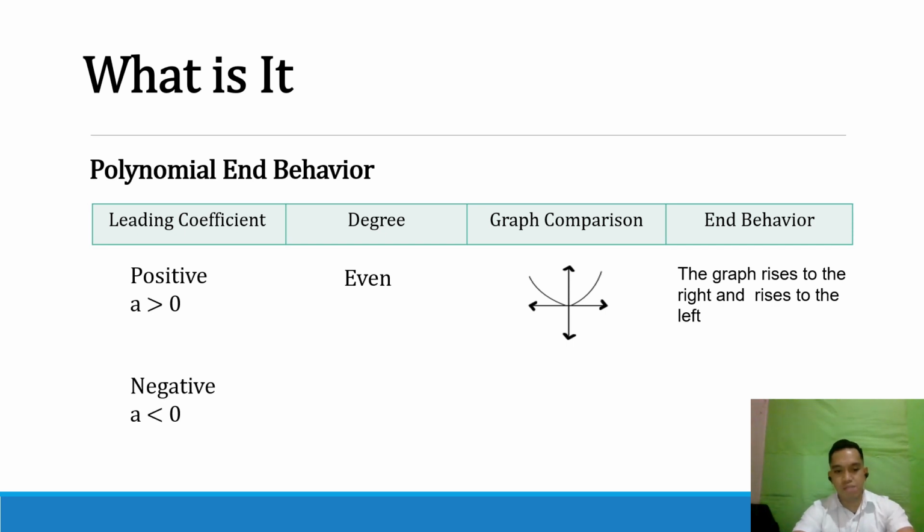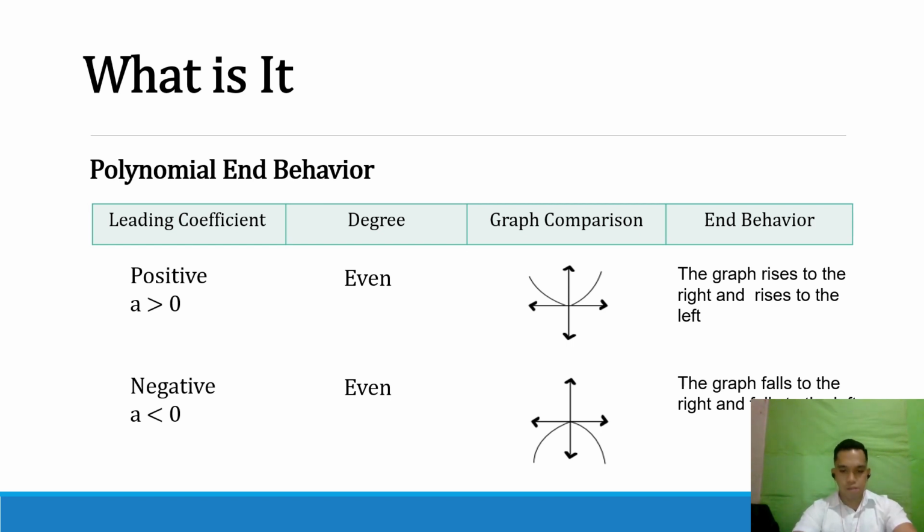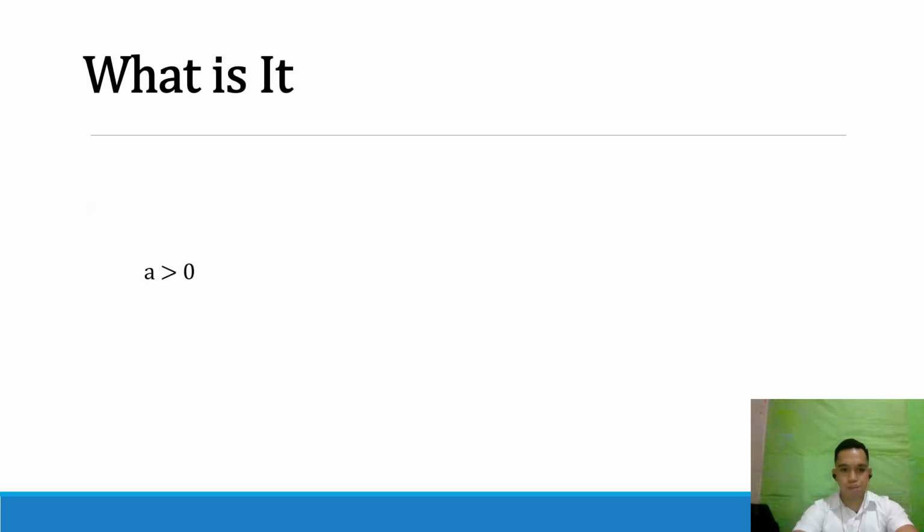Then kapag negative naman siya, that is a less than 0, then the degree is even, negative yan. So the graph looks like this. Ayan. The graph falls to the right and falls to the left. As you can see in the graph comparison. Okay, so let's proceed.